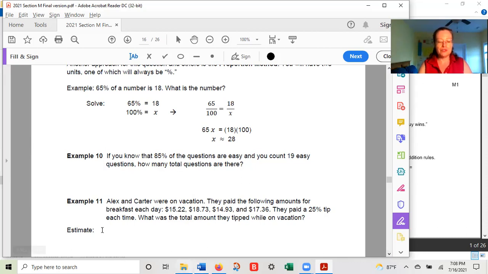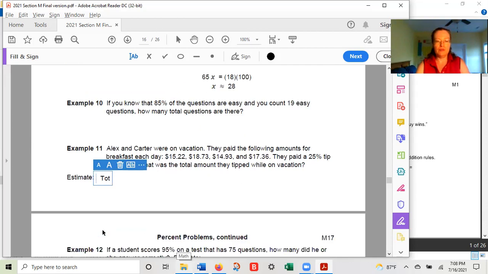So first, the total amount spent on breakfast. We're going to estimate that. We're going to say 15 plus, I rounded that one down. So let's round the 18 up to 19. And let's round that 14.93 to 15.